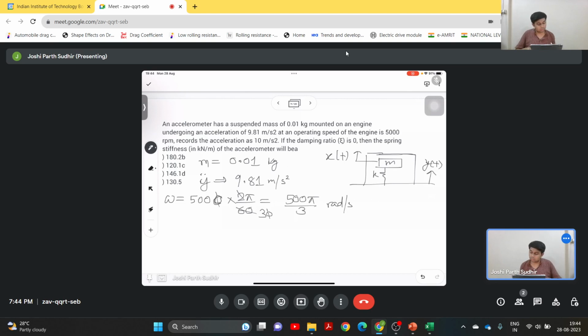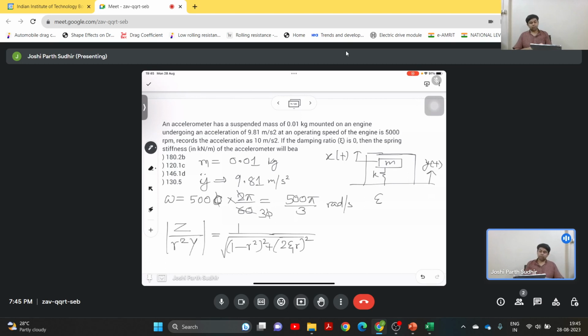We can write down the true value of acceleration as measured by Y, that is Z upon r square Y. For an accelerometer, the ratio that we consider is equal to 1 upon square root of (1 minus r square) the whole square plus (2 zeta r) whole square.